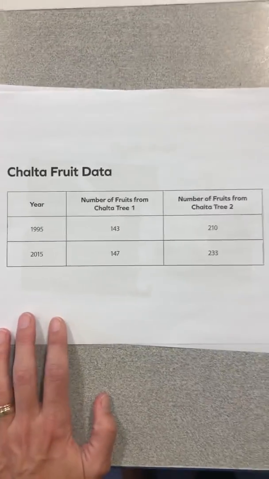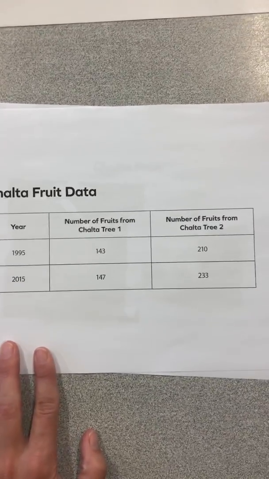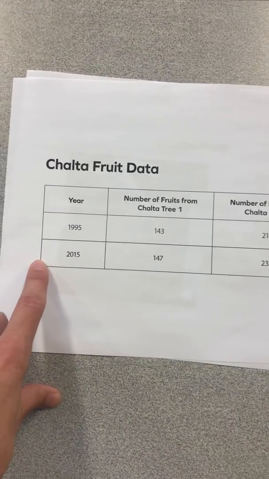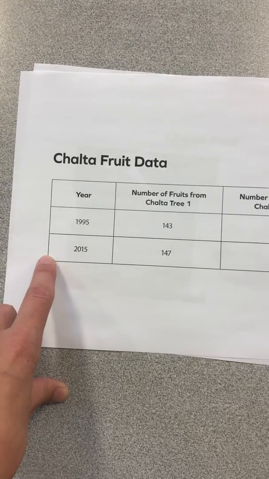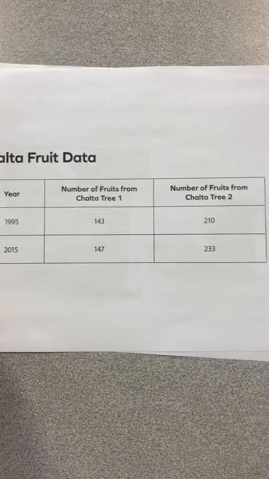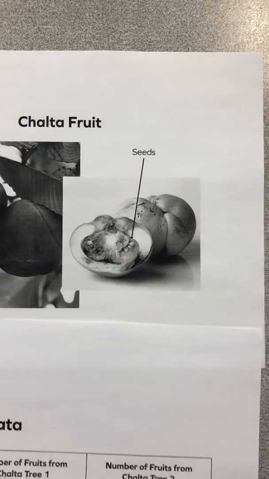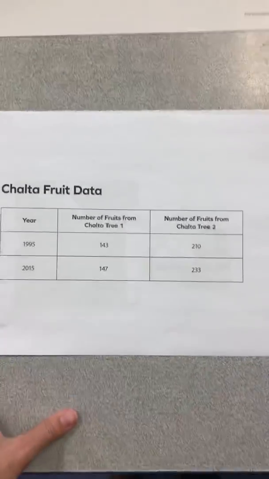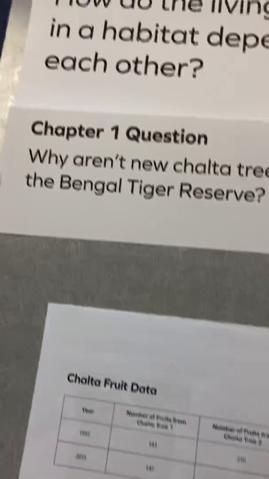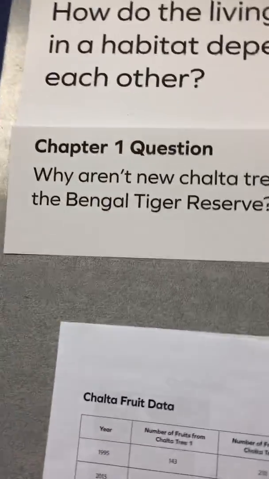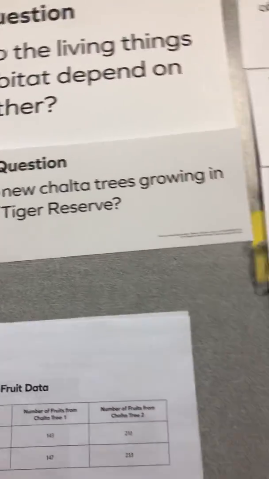So that proves our hypothesis wrong, because there are fewer trees growing in 2015, but there are more fruit, therefore more seeds. So it seems we still have to continue our investigation of why no new chalta trees are growing in the Bengal Tiger Preserve.